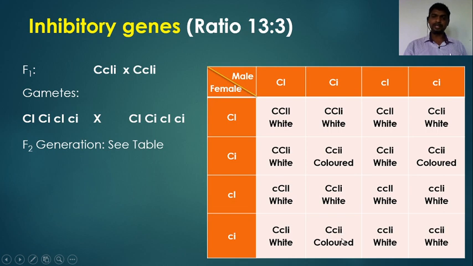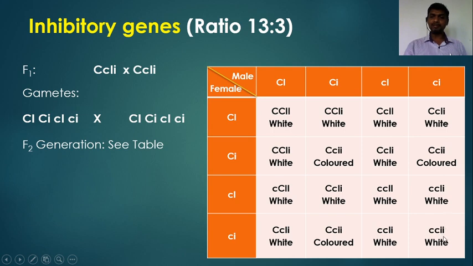Because of the recessiveness of the inhibitory gene, it is not able to mask or suppress the phenotypic expression of the color gene. Here also one of the progeny has a genotype of small c, small c, small i, small i.